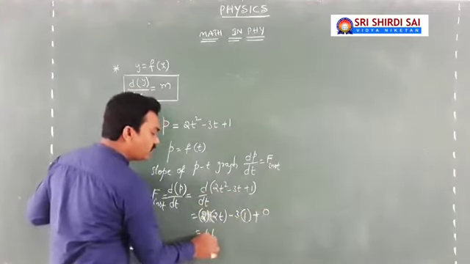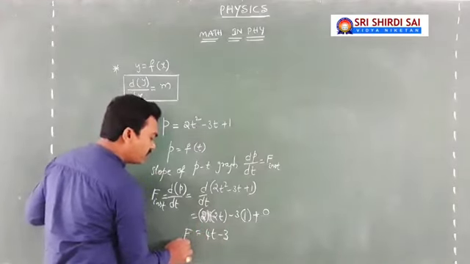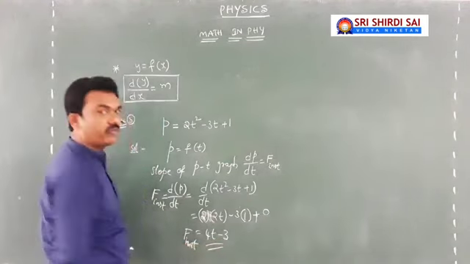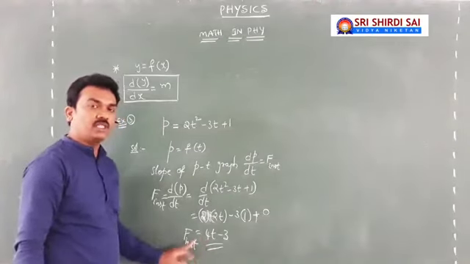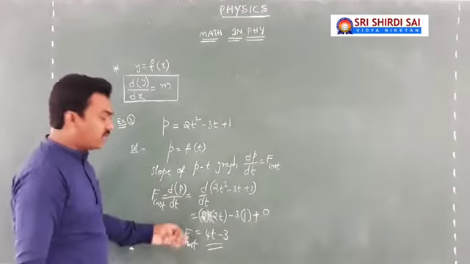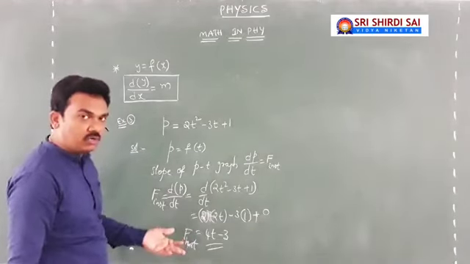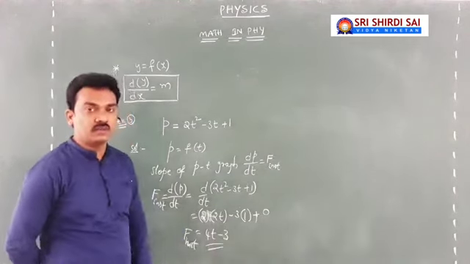So this is equal to 4t minus 3. This is the instantaneous force equation acting on the body, which is a function of time. As the force acting on the body is a function of time, you can say that it is a variable force acting on the body. If you wish to know the force acting on the body at t equal to 2 seconds, put t equal to 2: 4 twos are 8, minus 3, 5 Newton.